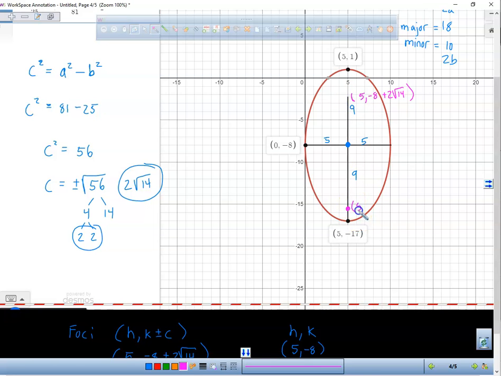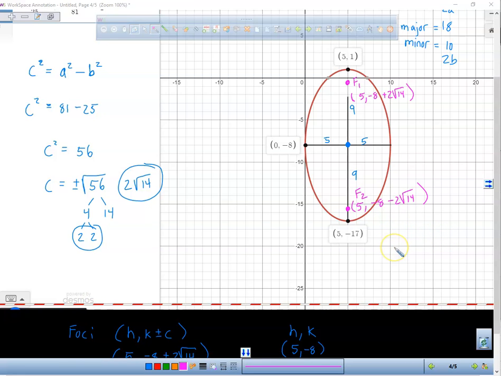So we're at 5, comma, -8 minus 2 radical 14, which is at that -15.5. Call that focus 1, and I'll call this focus number 2. Together they're called foci. Okay? Focus number 1, focus number 2.